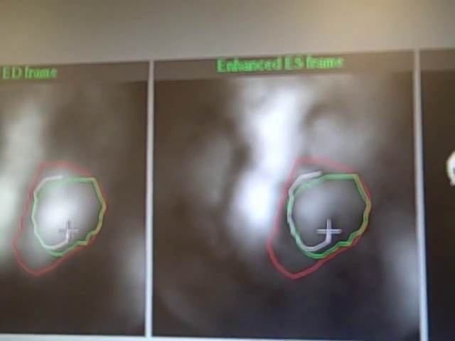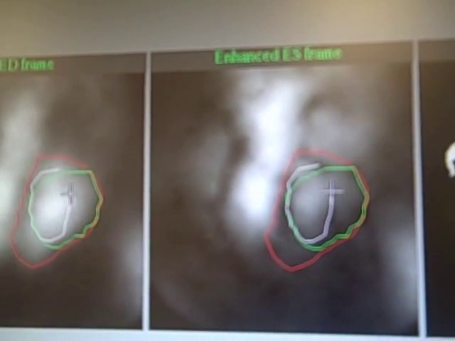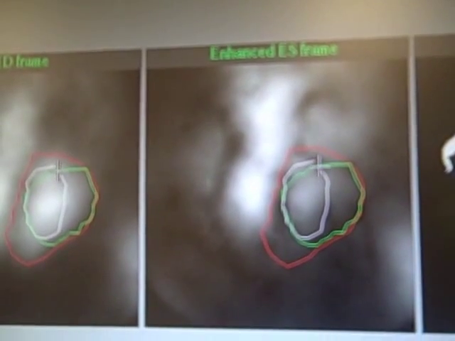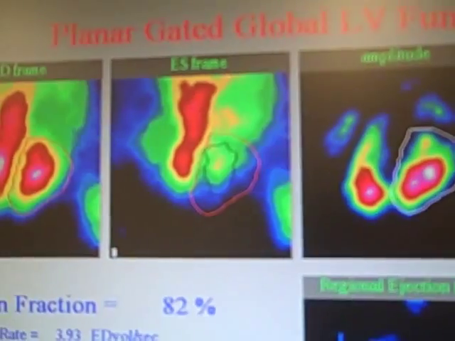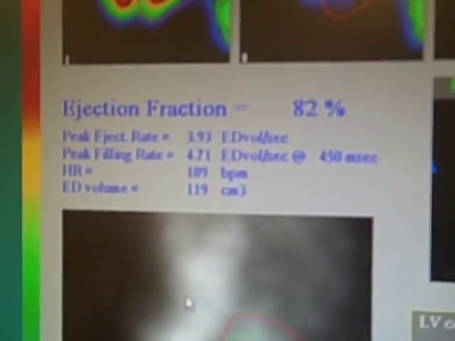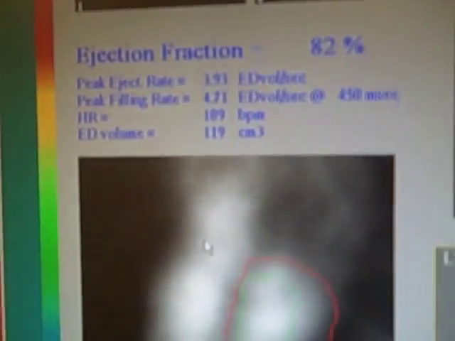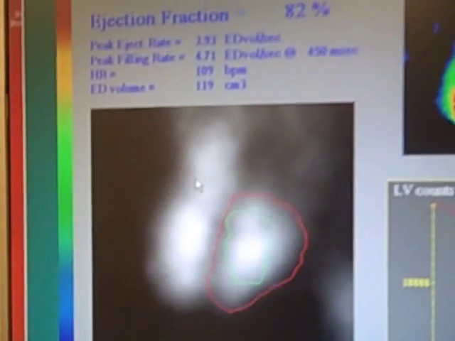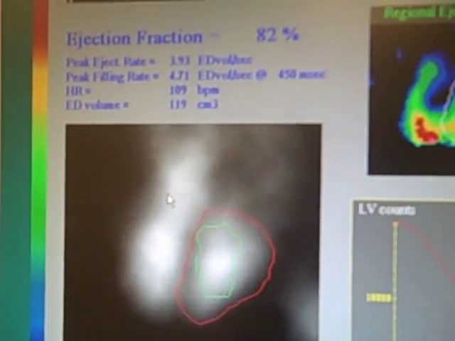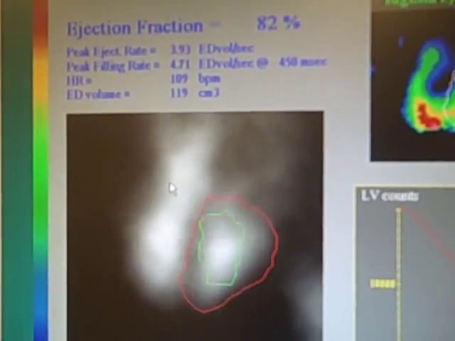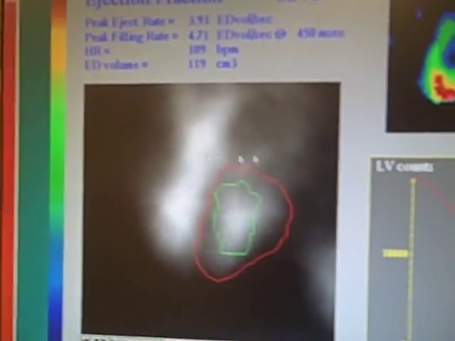Sometimes it's harder to see exactly where the ventricle is. I'm going to use my mouse to finish it off, and I got an EF of 82. Same picture beating, just the regions of interest have been done a little differently.